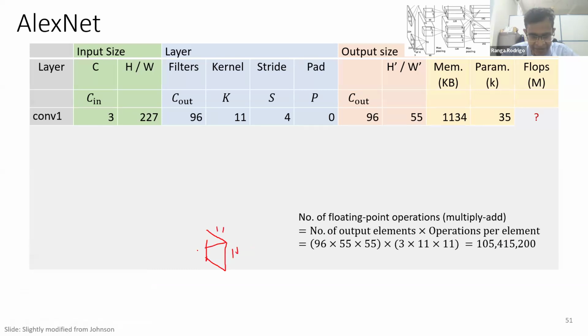And for a color image, the depth is 3, right? This is 3. So that's why you get this one. I hope this is clear how to compute the number of floating point operations.